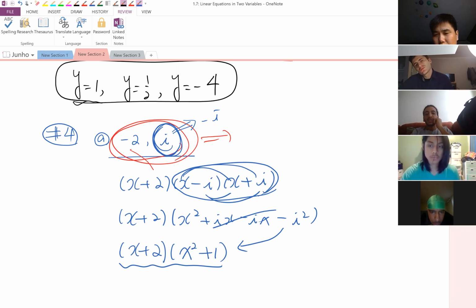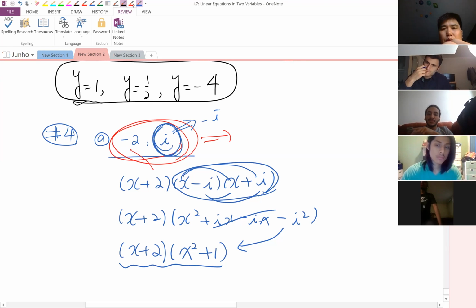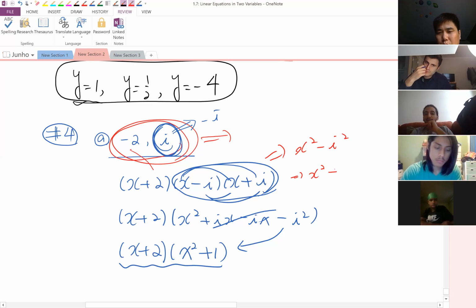Because it's positive and negative, we can right away make it x squared minus i squared. Exactly, that was a possible way. So this becomes x squared minus i squared, and this becomes x squared plus 1. That's good.